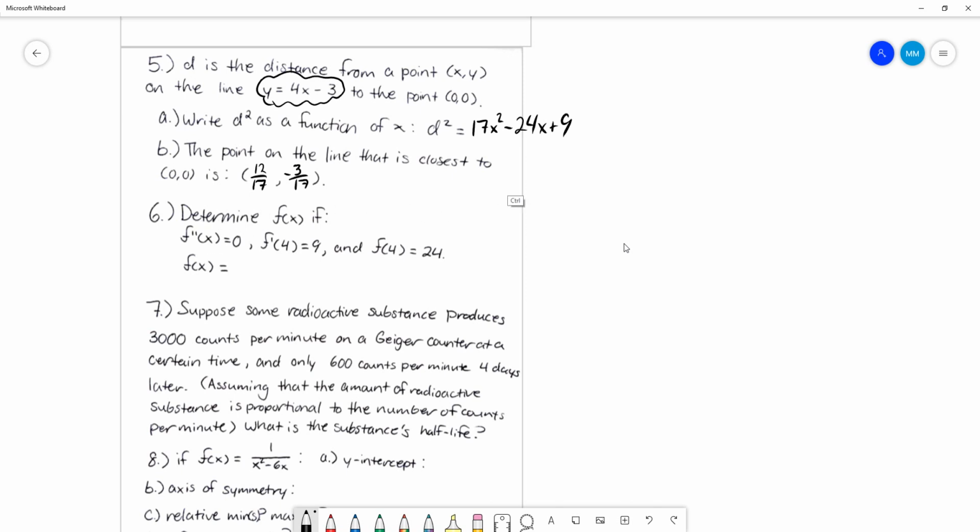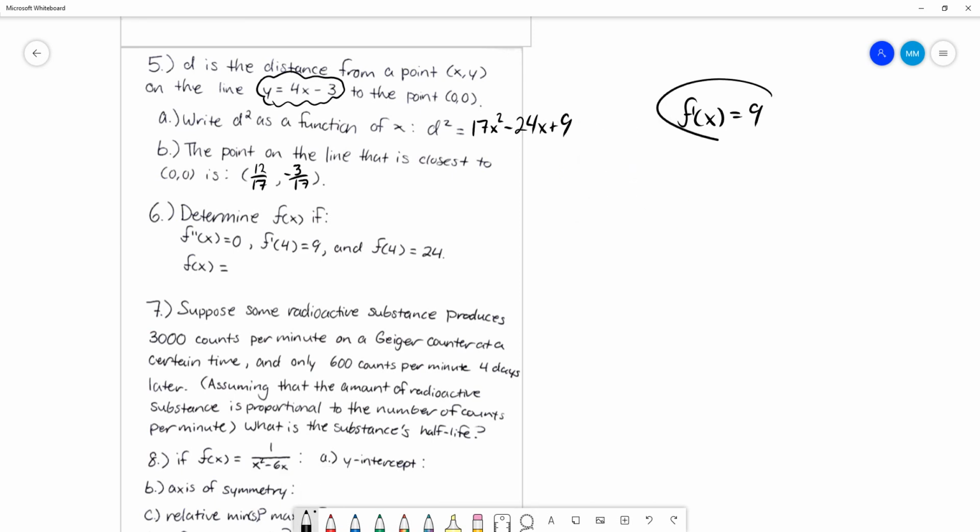So taking that integral, I'm going to get that this function equals some constant, c. So if f prime of 4 equals 9, well, that means that our constant must be 9. So our first derivative at any point is just going to be 9.